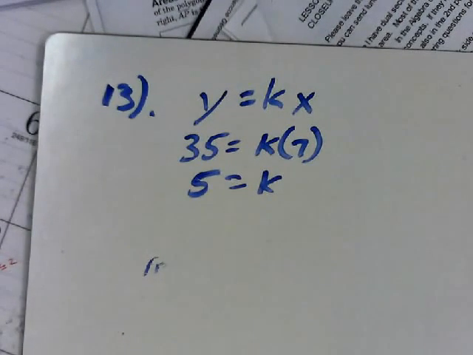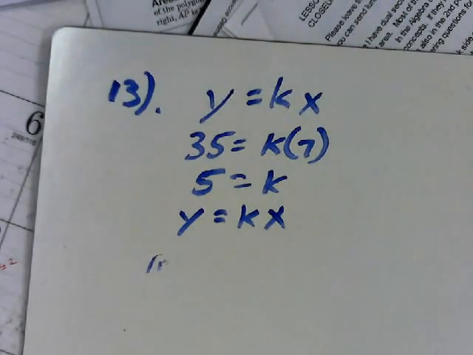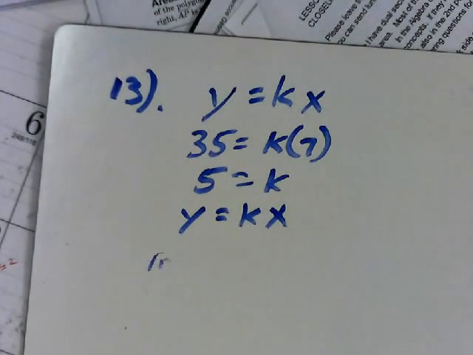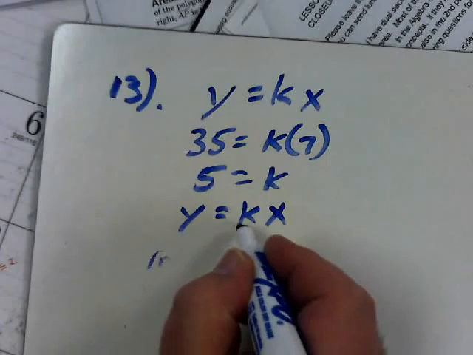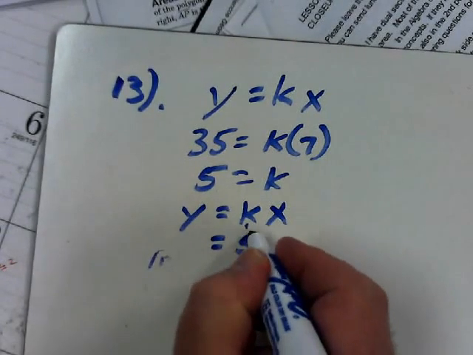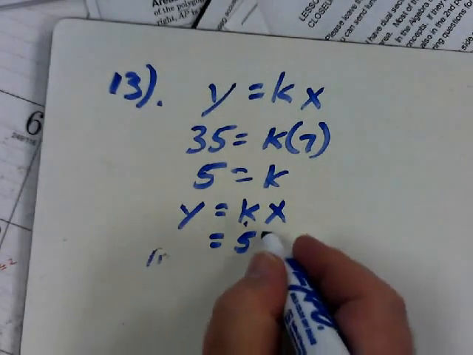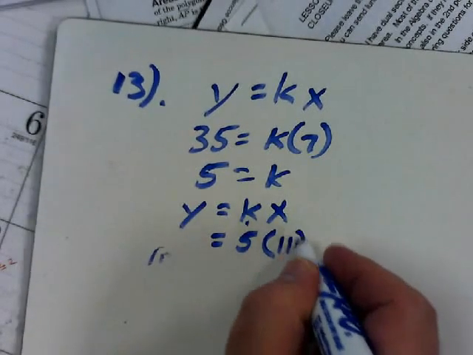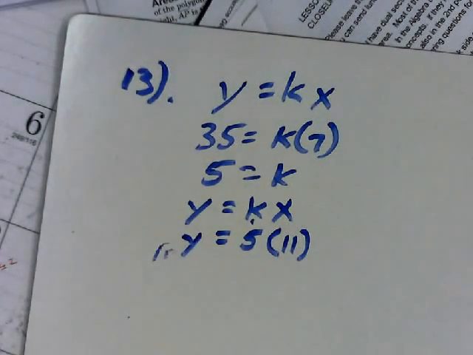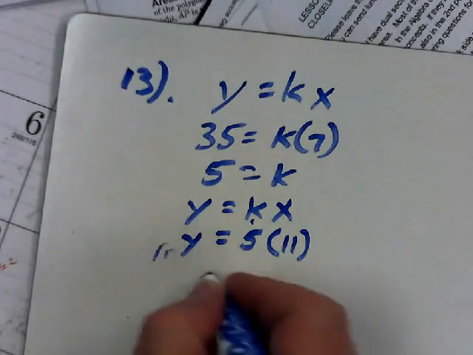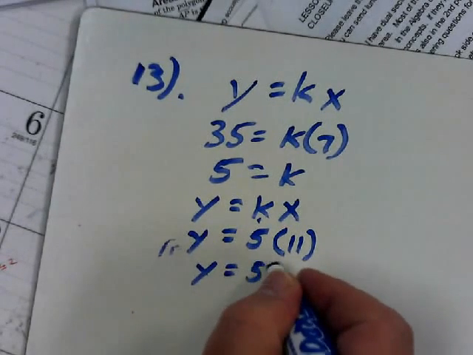I use the same exact expression that I started with and substitute in the numbers that I know. K is 5 right now, and the new x is 11, so I'm trying to find y. So y will be 55.